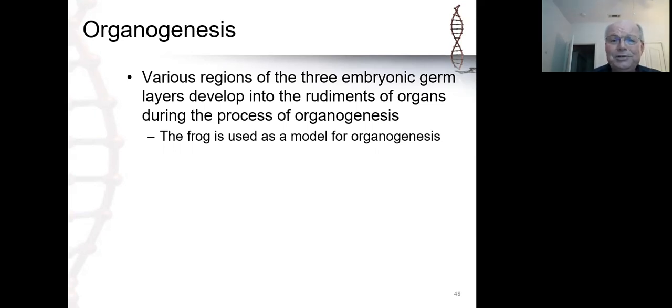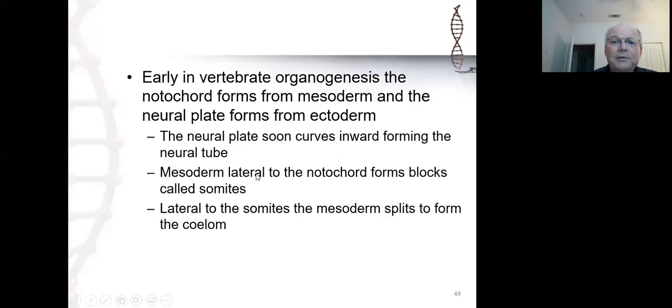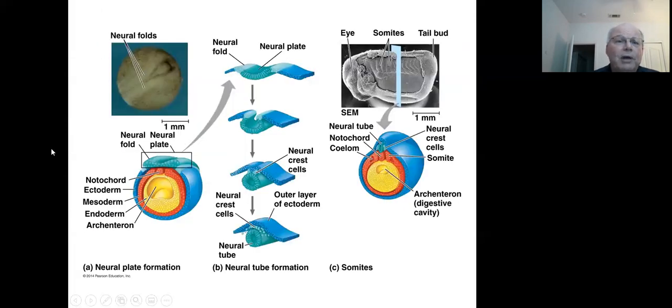So organogenesis usually begins with the formation of the neural tube and the overlying neural plate that is going to cover the underlying neural tube. So if we take a look at a frog as the model organism for vertebrates, we see the ectoderm tissue that overlays the position that will be occupied by the neural tube and subsequently the central nervous system.